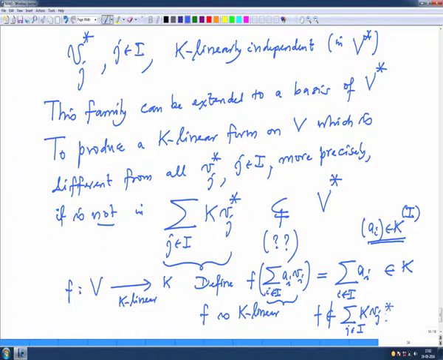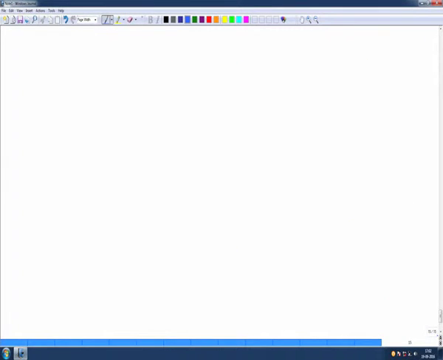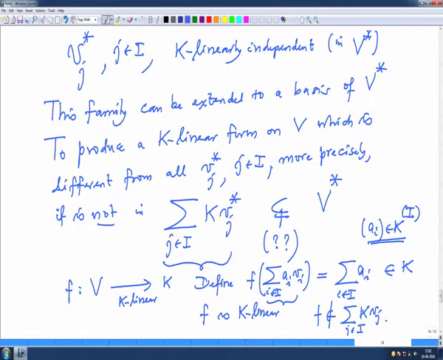This we have to check, but that is also not so difficult. Let us check that. Suppose F belongs to this subspace.